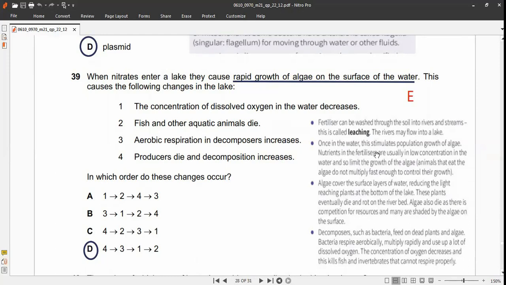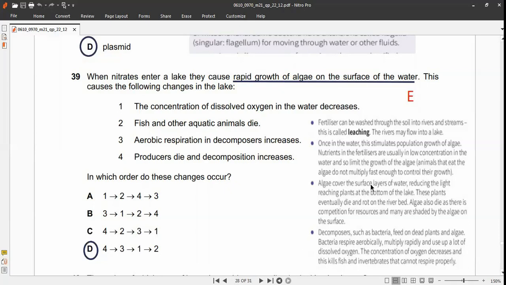Nutrients in the fertilizers are usually in low concentration in the water and so limit the growth of the algae. Animals that eat the algae do not multiply fast enough to control their growth.